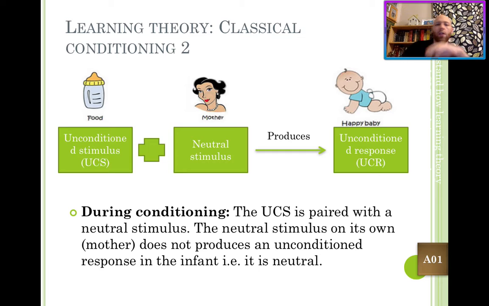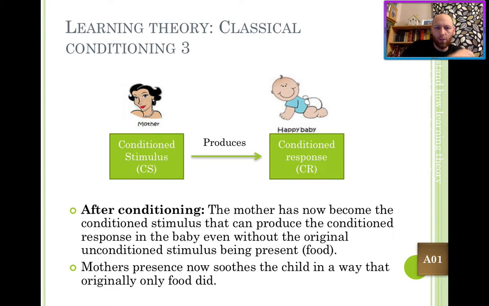During conditioning, we have the same relationship, but this time we pair a neutral stimulus. According to classical conditioning, the approach to attachment, the mother is the neutral stimulus. So we pair the mother with the food in this relationship. After conditioning, the mother has now become the conditioned stimulus and can relieve and satisfy the baby just by holding.